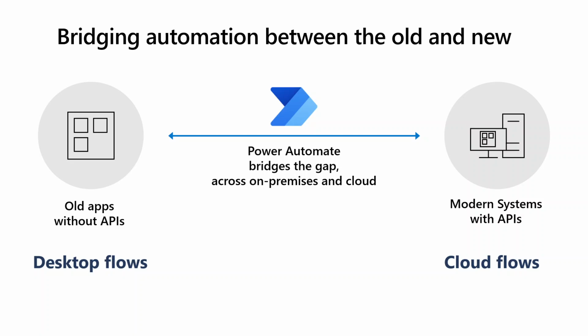The beauty of this system, and why I like it above all the other ones, is that you can do what you can in the cloud using APIs. APIs are more resilient, and we have a module on that later on in the course. Cloud flows are more resilient, so you do what you can in the cloud, and then only reach out to the desktop when you absolutely need to. And Power Automate bridges that gap between on-premise and cloud, and between API capability and non-API capability.